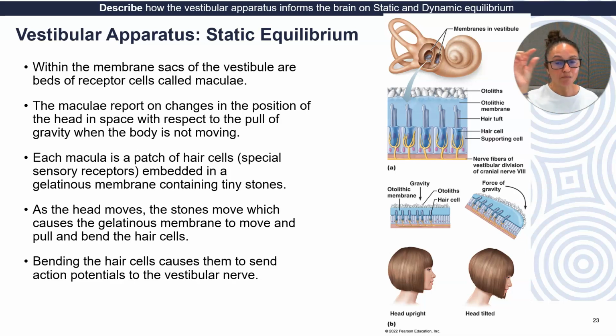The jelly moves, and that pulls on our hair cells, which causes them to fire an action potential. Gravity makes the stones move, which make the jelly move, which causes the hair cells to bend.